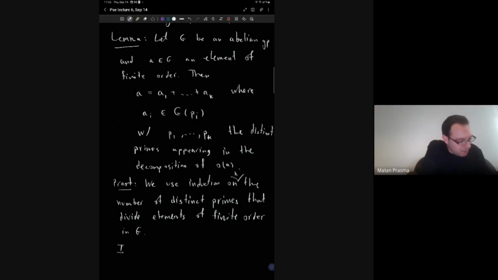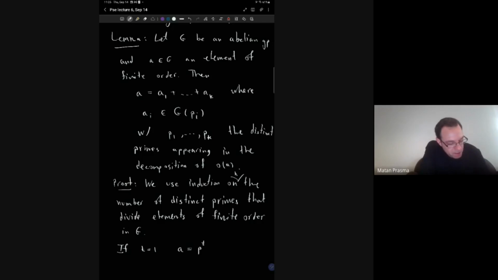So if k is equal to 1, we have only one prime that divides the order of the element a. That means that a is some prime power p to the t, let's say.